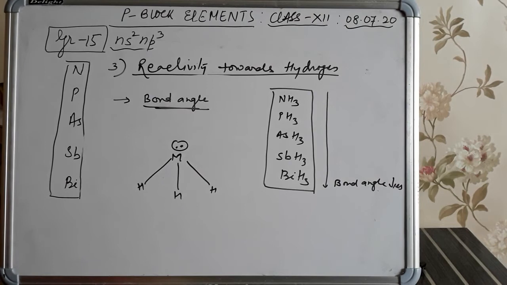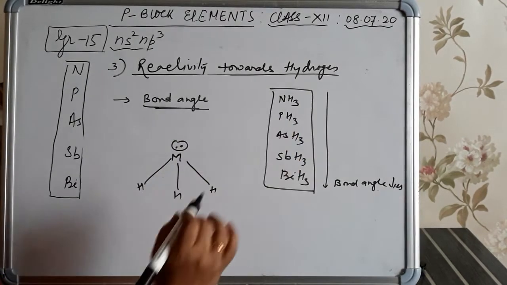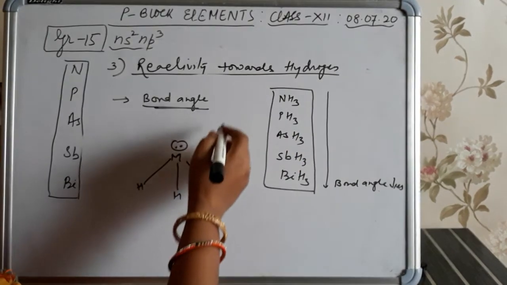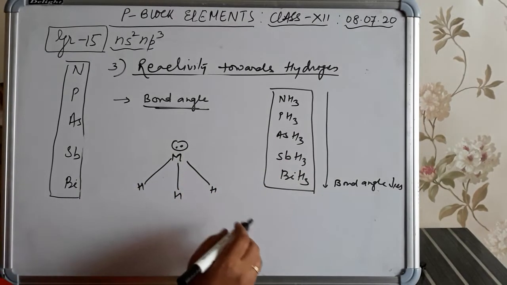That is the reason for decreasing bond angle when we move top to bottom in specific hydrides. So students, learn it for when we are going to arrange in increasing or decreasing order of bond angle.